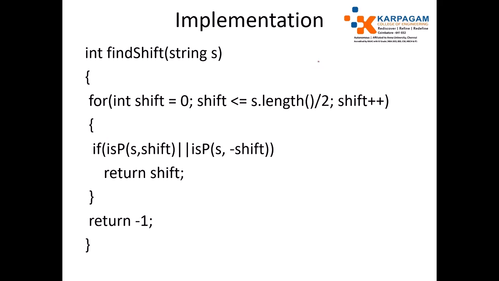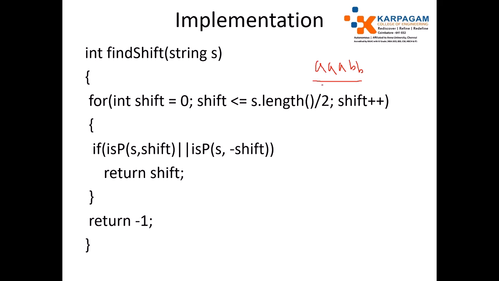For example, if I have a string like this, there is no need to check all these characters to find the minimum number of shifts required to convert the string to a palindrome.